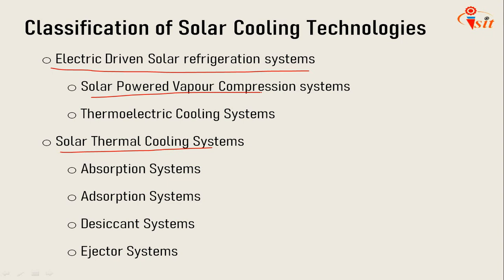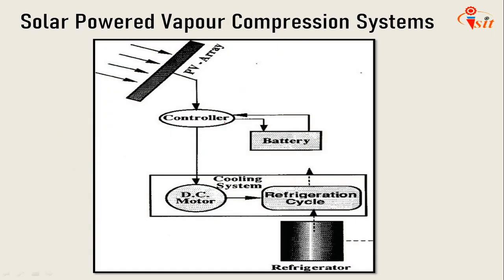This system consists of a DC compression refrigerator connected to a controller, as shown in the figure, a battery to supply and store energy, and a photovoltaic generator which supplies the refrigerator and charges the battery with excess energy.